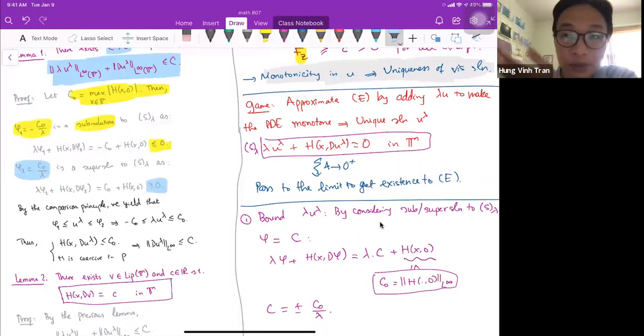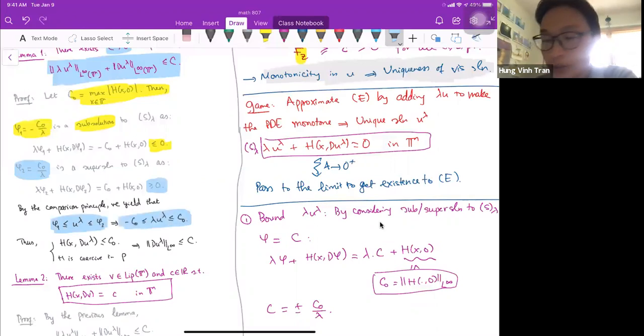And again, you have uniqueness of solutions and a comparison principle: a sub-solution is less than or equal to a solution, which is less than or equal to a super solution. So we end up with exactly this bound.